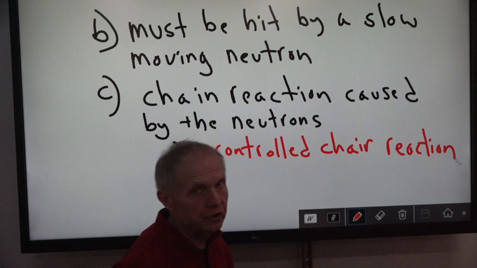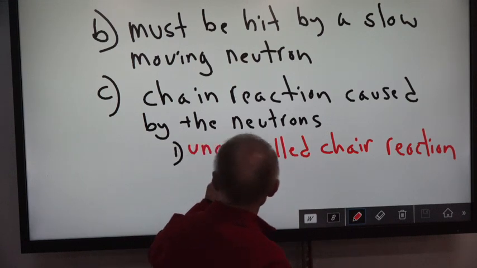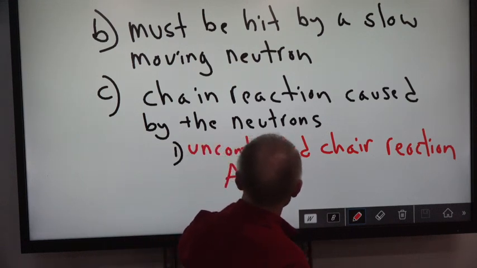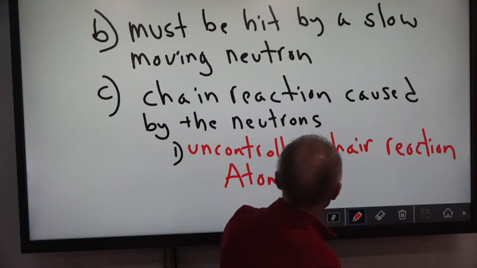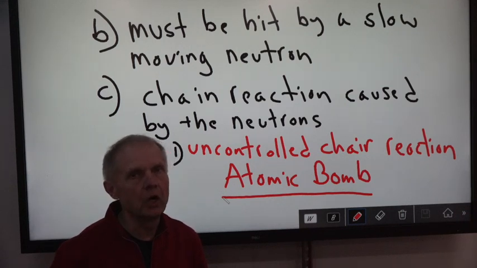An uncontrolled chain reaction, well, that's called an atomic bomb. So an uncontrolled chain reaction is called an atomic bomb.